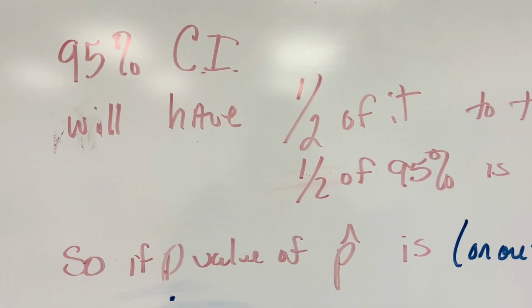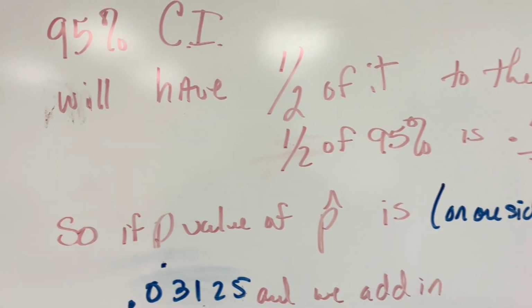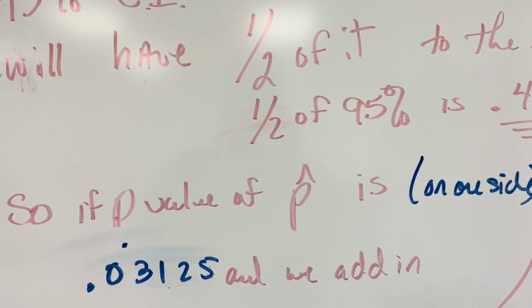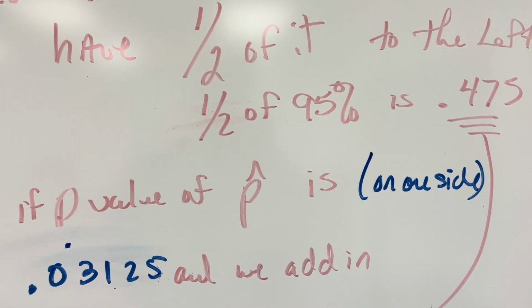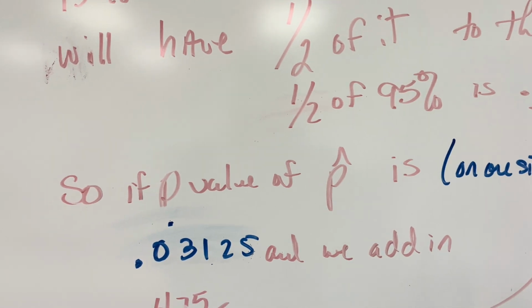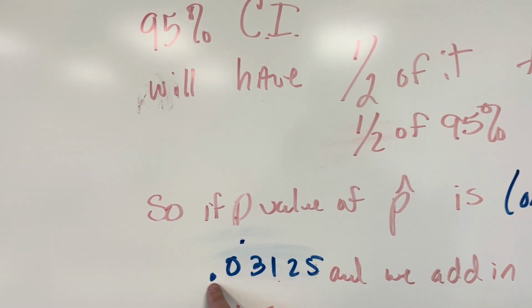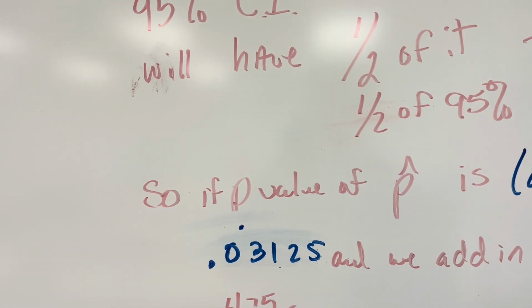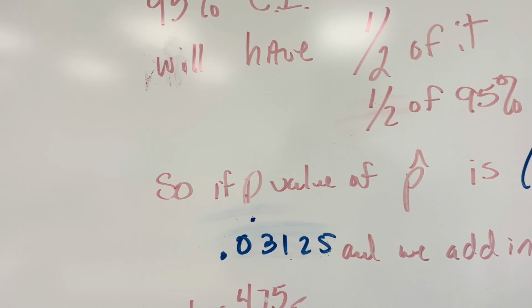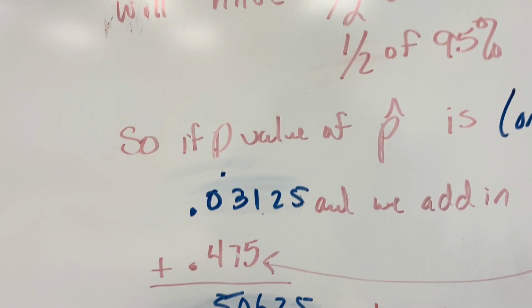A 95% confidence interval will have half of the confidence interval to the left of the p-hat, and half of 95% is 0.475. So if the p-value of p-hat, and again on one side, is 0.03125, and we add in 0.475, we get a total of 0.50625.